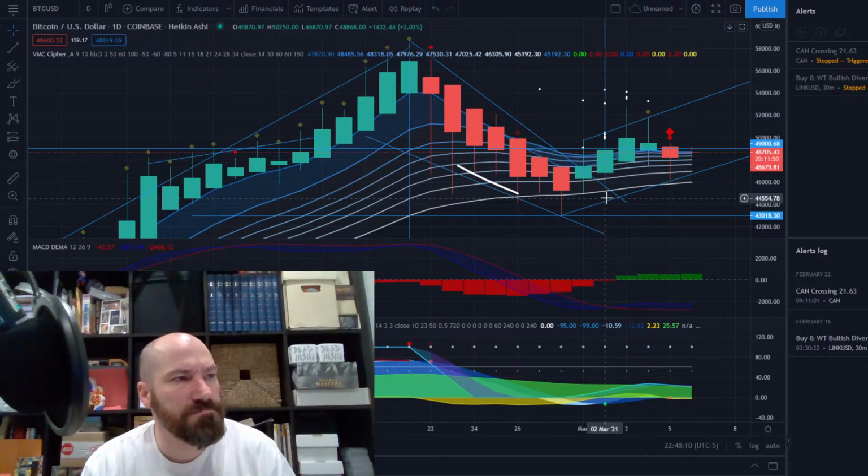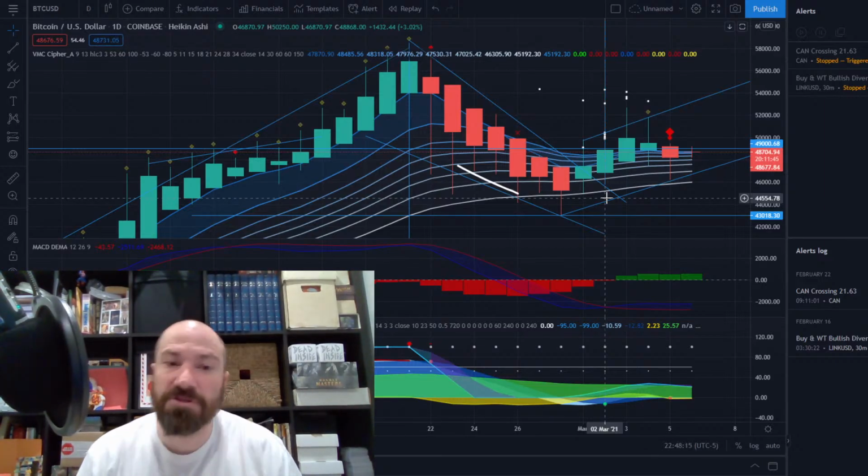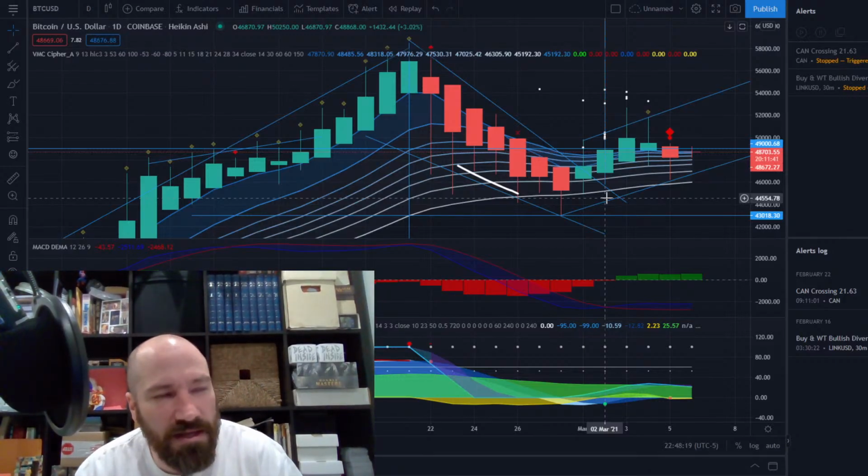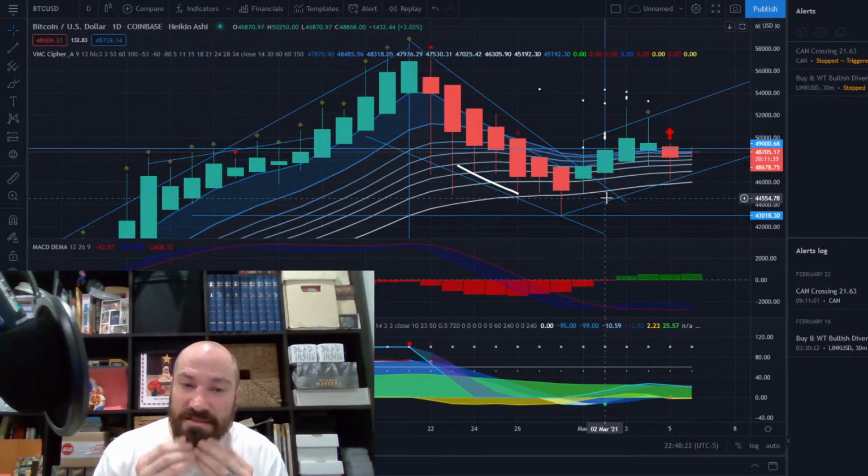Then it dumps. Everyone jumps in because Market Cipher is perfect, then it dumps, and it makes no sense.